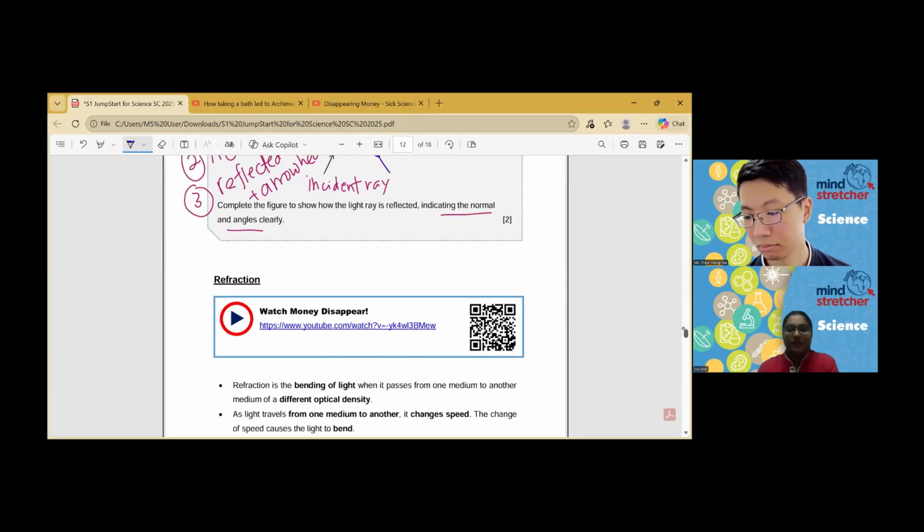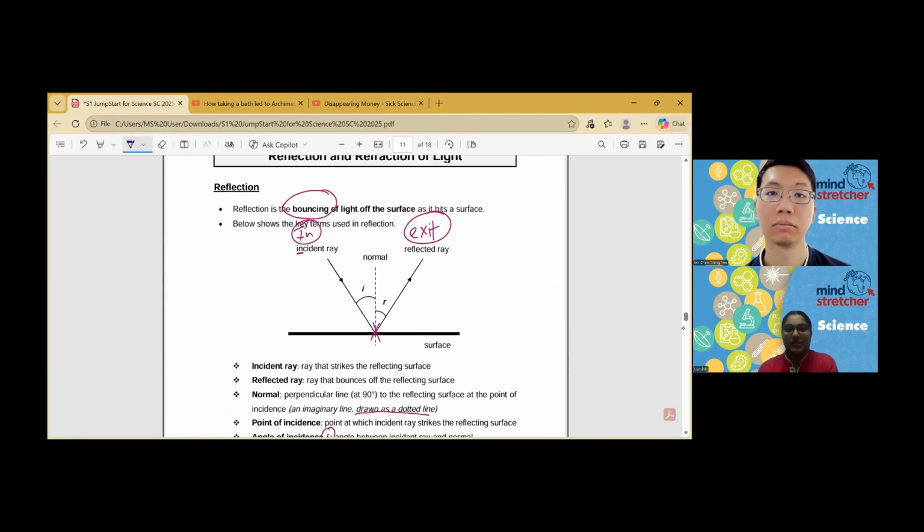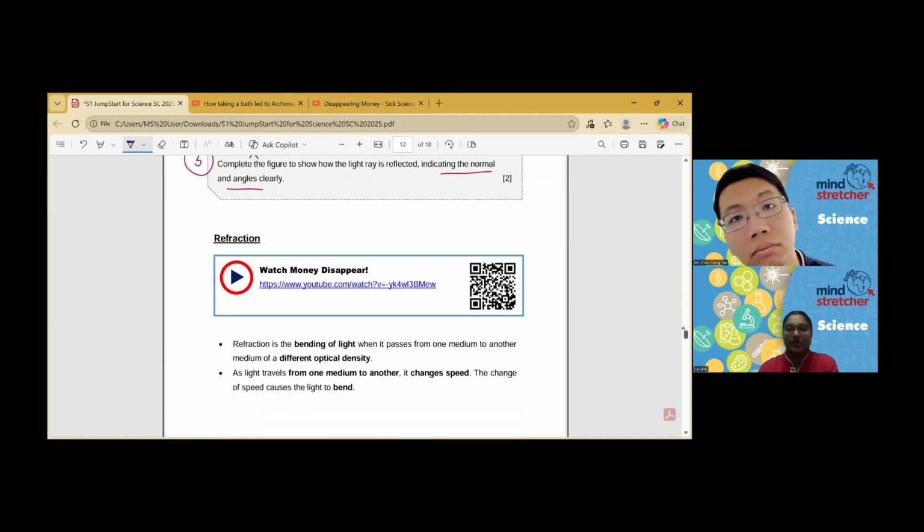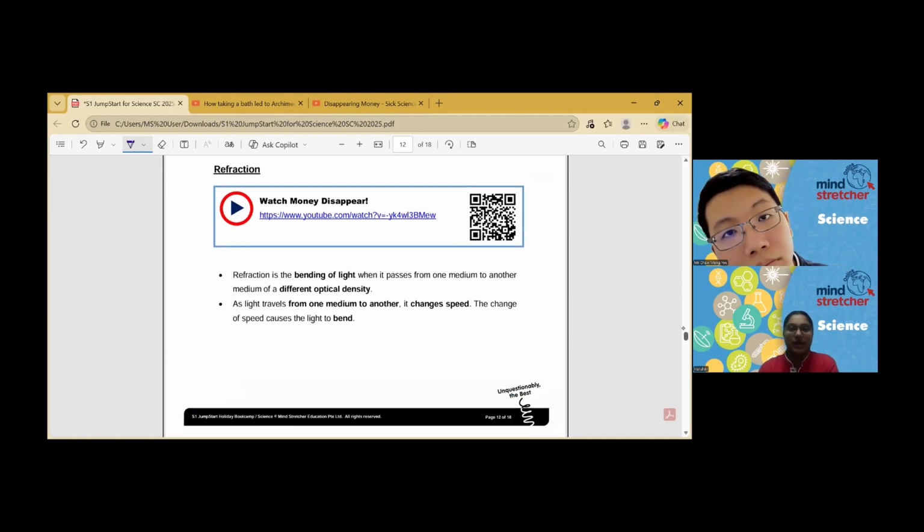Okay, next one, refraction. So you have seen reflection. Reflection is when light is being bounced off. But what is refraction? Okay, let's take a look at the second video first.